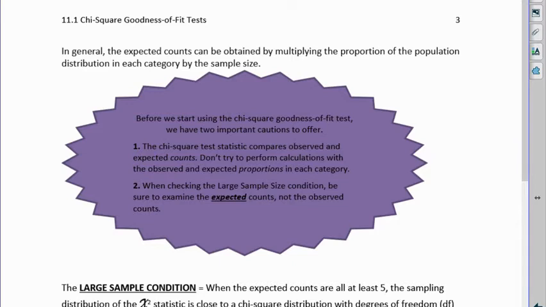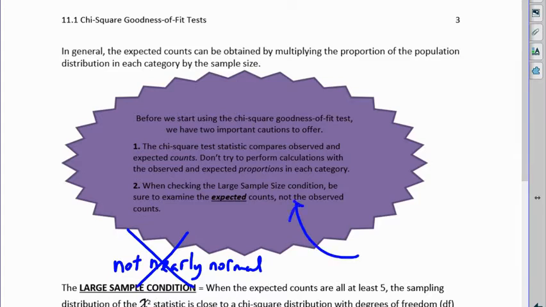Before we do anything, we always check our conditions. And in a chi-squared test, it is not nearly normal. So definitely never say that it's nearly normal. Let me cross that off because you'll never say that. But instead, what we need is enough data that we feel like we have a good idea of what the distribution's doing.